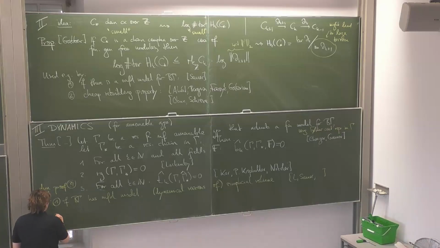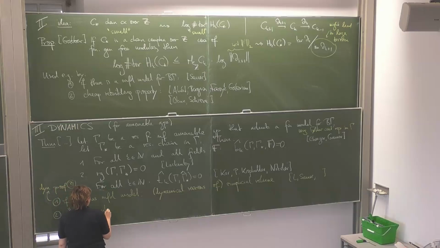Then the second case is the cheap rebuilding property technique. What I want to explain now is that we have a dynamical version of this, and I will roughly sketch how this works. I will call this the cheap embedding property.